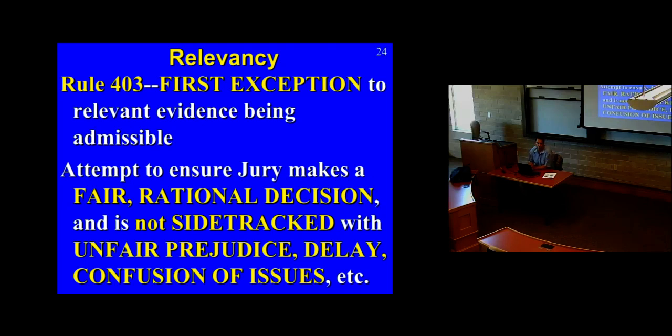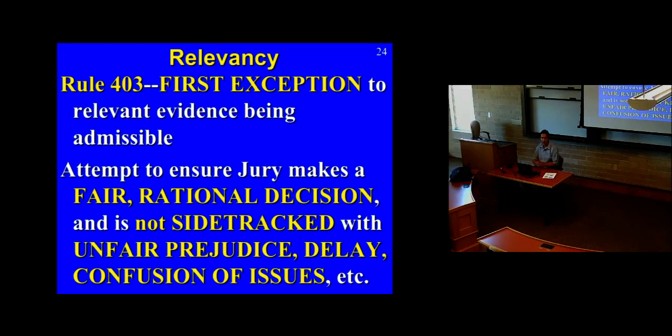What we don't want to have happen is for the jury to get sidetracked with any unfair prejudice. Now, danger of unfair prejudice is the main danger under Rule 403. But don't forget about the other Rule 403 dangers, such as delay, confusion of the issues, where you're causing the jury to be misled, presentation of cumulative evidence.